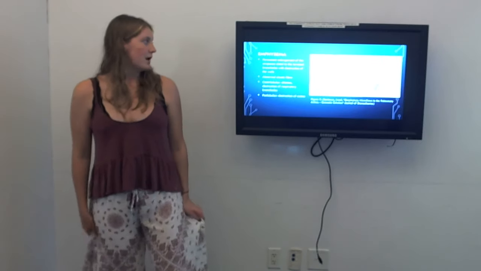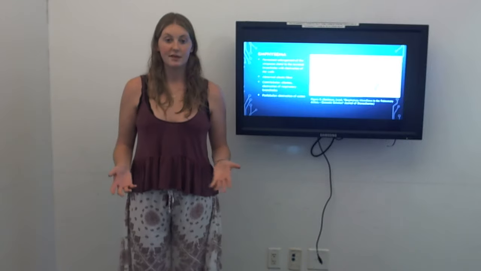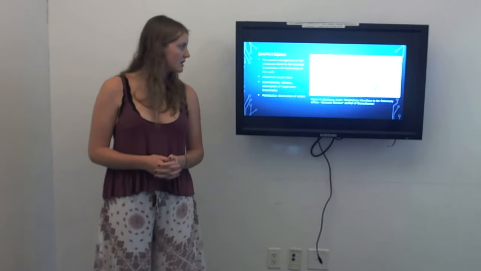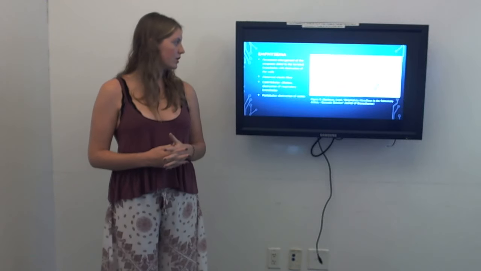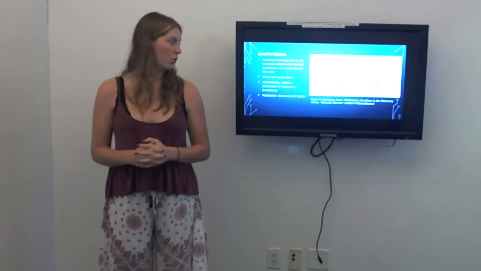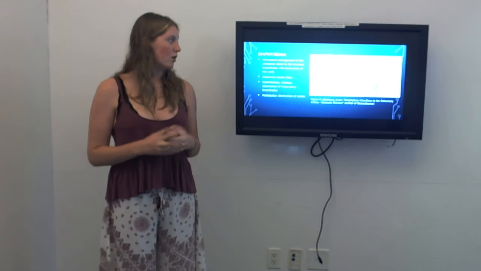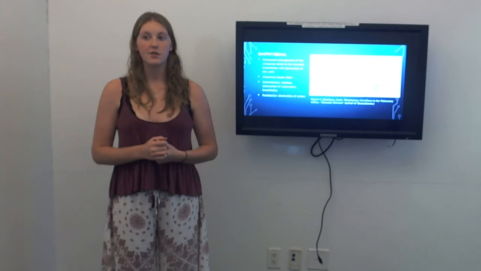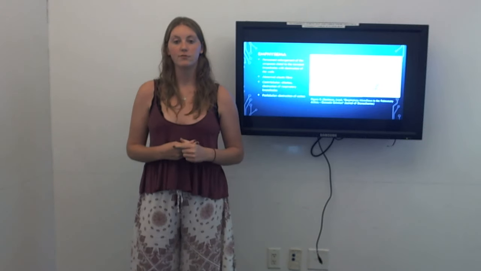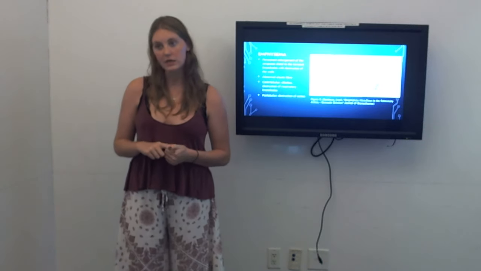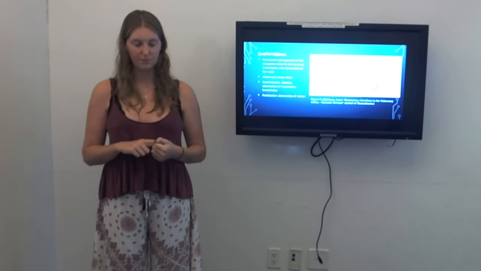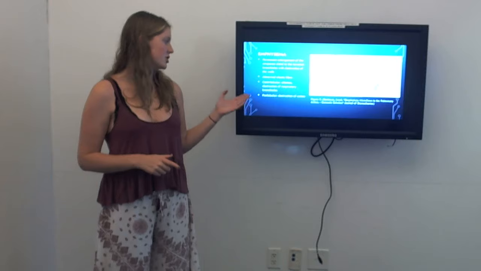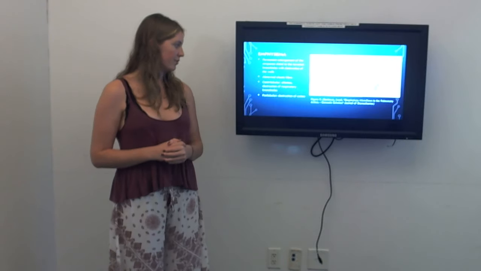So in emphysema, by definition, emphysema is the permanent enlargement of the air spaces distal to the terminal bronchioles with destruction of the walls. So obviously there are abnormal elastin fibers, and there are two types of emphysema. The first being centrilobular, which is the dilation and destruction of the respiratory bronchioles.